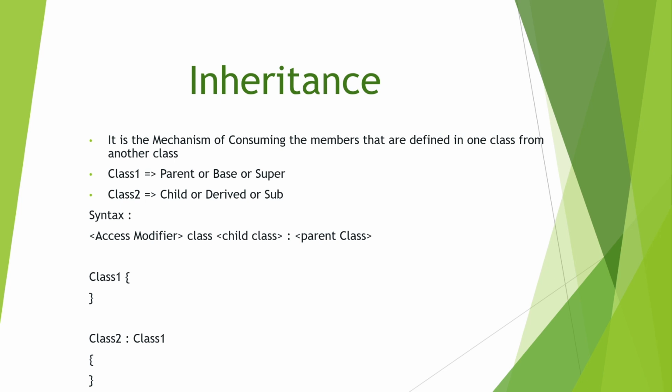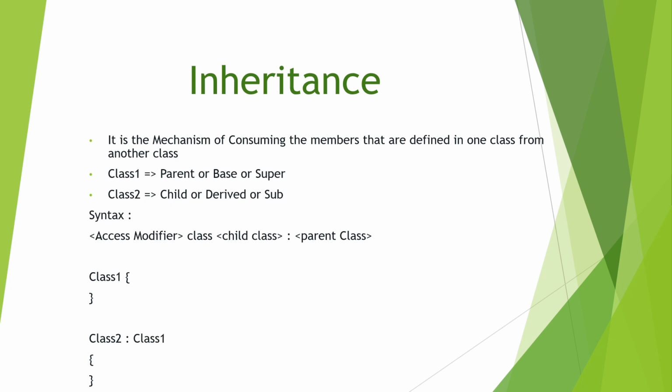And today we are talking about inheritance, which is the third pillar of OOPS concept. We have discussed encapsulation and abstraction in my previous videos, and today we will be exploring inheritance. What is inheritance? Inheritance is the mechanism of consuming the members that are defined in one class from another class.